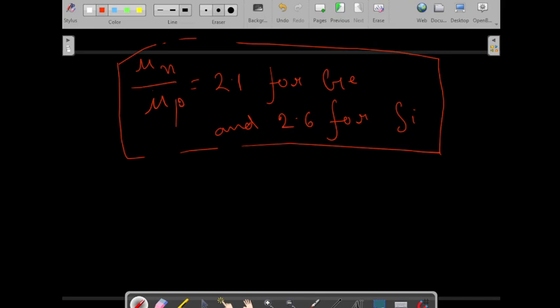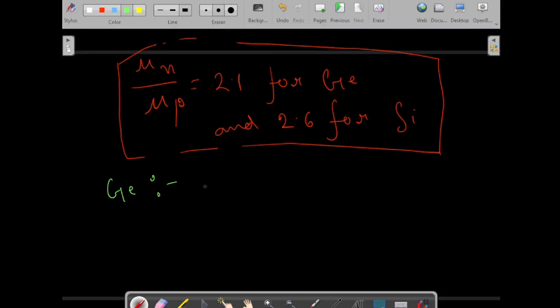Here I would like to discuss some properties of germanium and silicon. You have seen from the previous lecture that the mobility of charge carriers in germanium, for both hole and electron, is higher, so the conductivity in germanium will be higher.